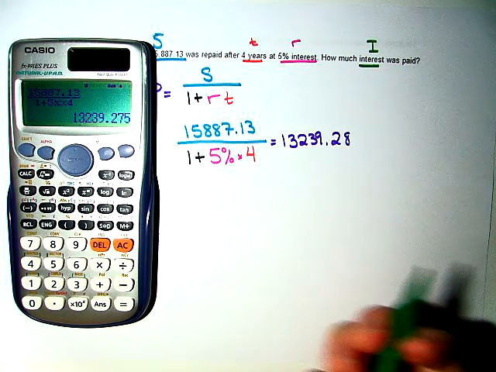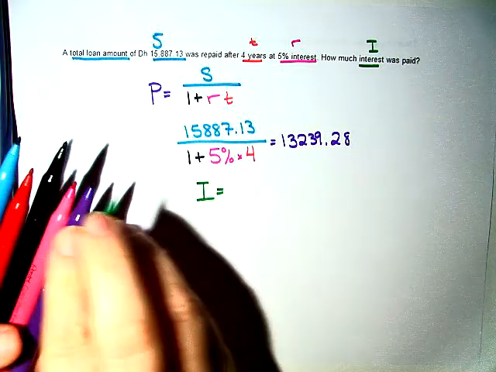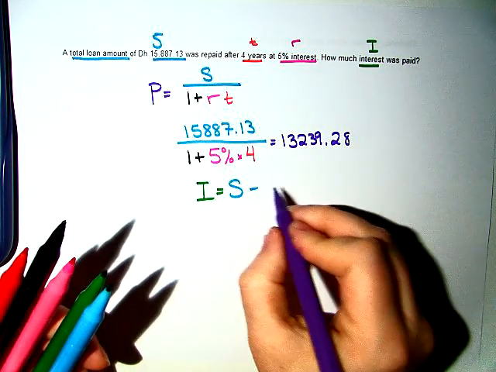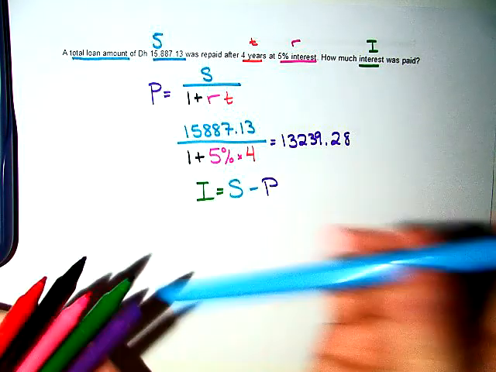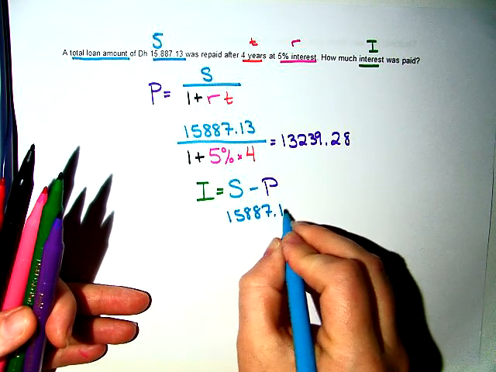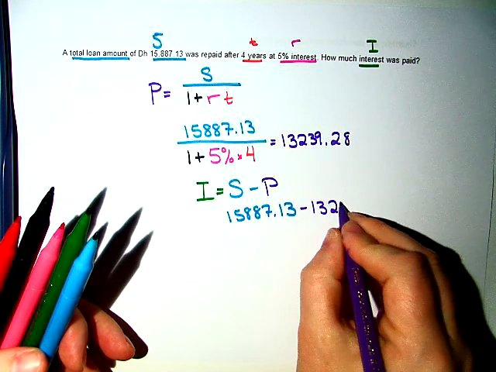Well, we know, now that we have S and we have P, to get I, all you have to do is take your S amount and subtract your principal amount. So the S amount was 15887.13, and the principal amount was 13239.28.